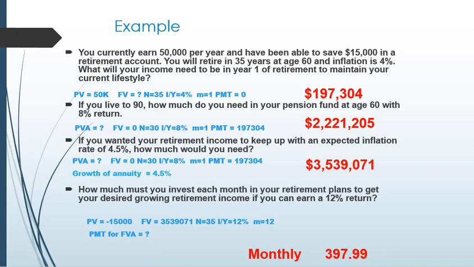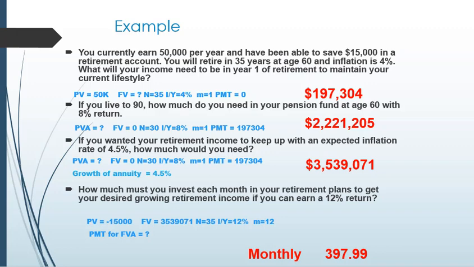$397 a month. So now let's think about this, $397 a month, but what if you work for a company that has a 401k that's going to match, let's assume they match dollar for dollar. Let's say that's $400. If you invest $200 and they invest $200, that's $400.